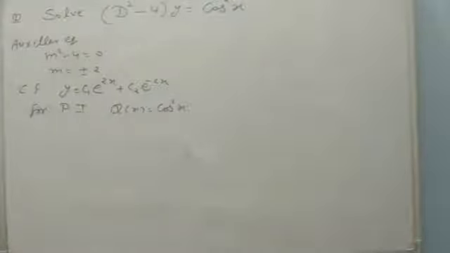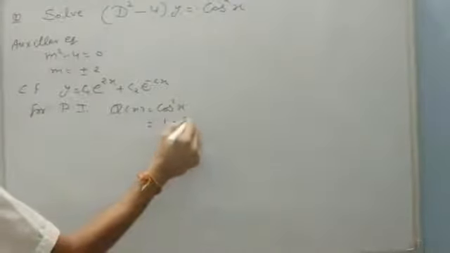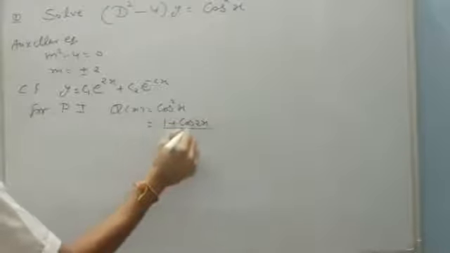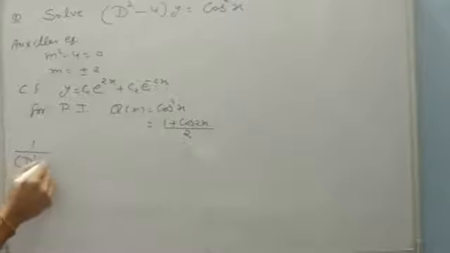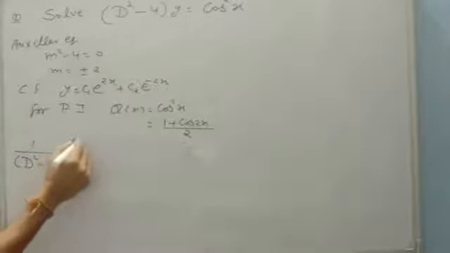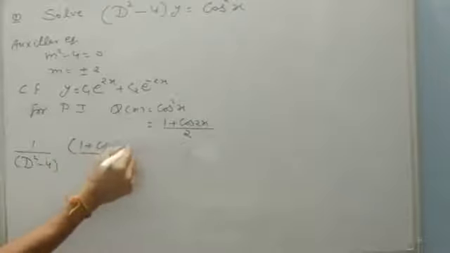So I will have to change it by taking 1 plus cos 2x by 2. You know cos square x equals 1 plus cos 2x by 2. So the PI will be 1 upon D square minus 4 of (1 plus cos 2x) by 2.